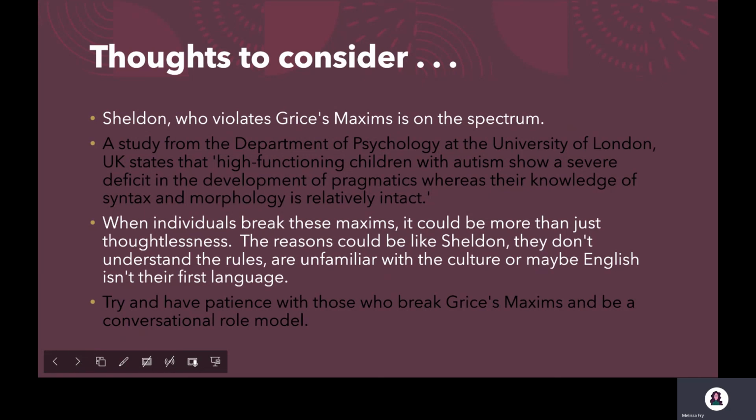Now, thoughts to consider. Is he flouting or is he violating? It is a comedy show, so he could be using these as a way of kind of scoring points, getting a laugh. But one suspects that he is violating because Sheldon is on the spectrum.